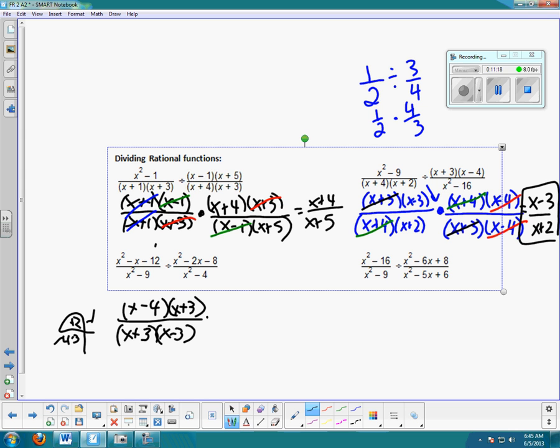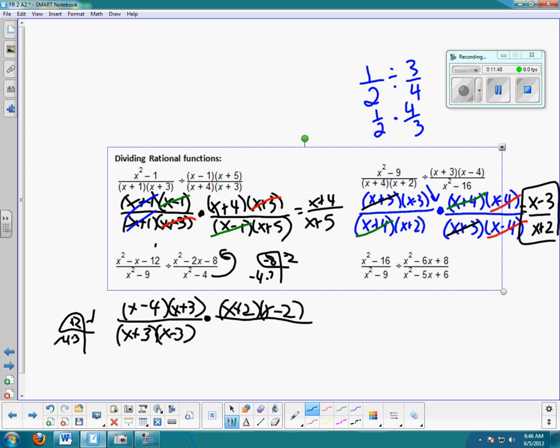All right, I'm going to change that division sign to a multiplication sign. That means I'm going to flip the fraction. So this x squared minus 4 is going to come up top. x squared minus 4 is a difference of squares, which is x plus 2 times x minus 2. And on the bottom, we have another trinomial. So we want two numbers that multiply to negative 8 and add up to negative 2.